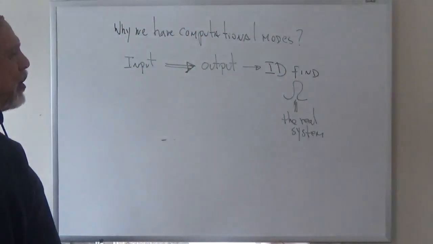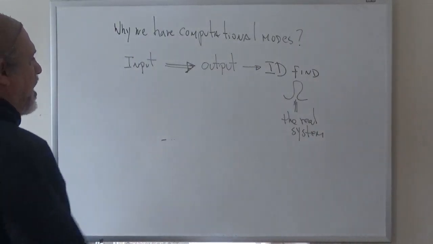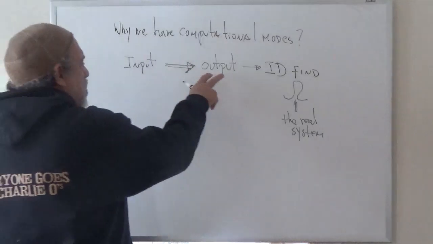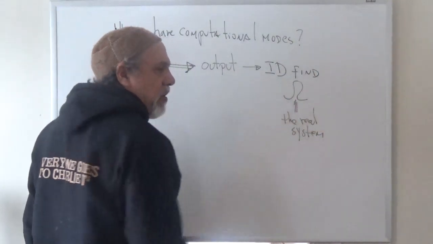Let's say the data that you use for the model updating challenge, right? There was input, there was output, they were not contaminated. You run the ID, you find two frequencies, they are correct.